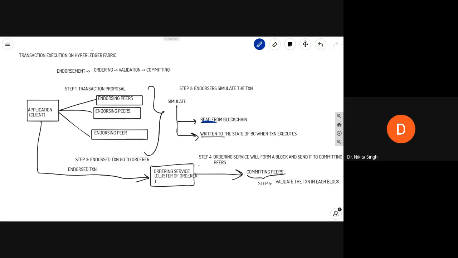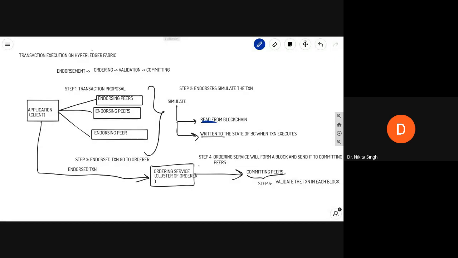There is one last step which is known as transaction flow. Here, the committing peers will asynchronously notify the client on the success or failure of the transactions. So the committing peer is telling the client whether the transaction was a success or not.